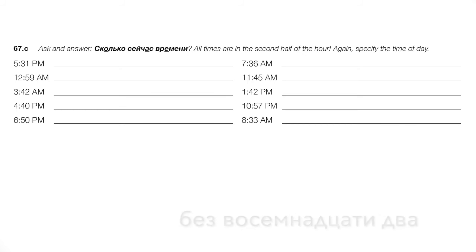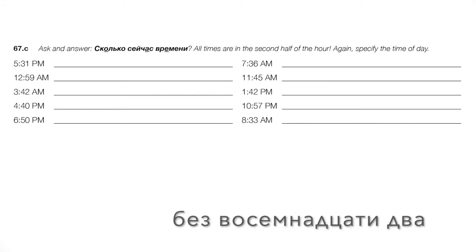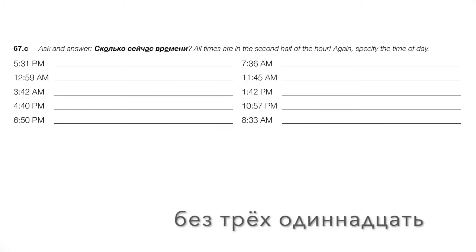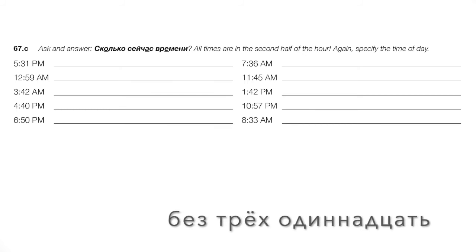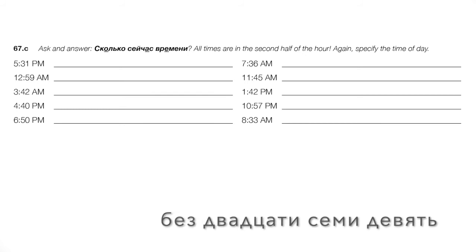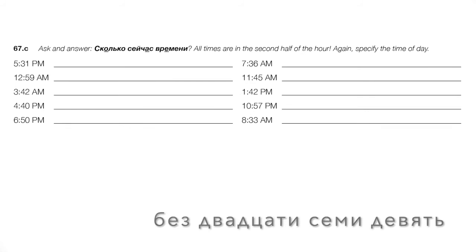Без 18, 2. Okay, 10:57. So without 3, 11. 3 to 11. Без 3, 11 вечера. All right, 8:33. So without 27, 9. Без 27, 9 утра.